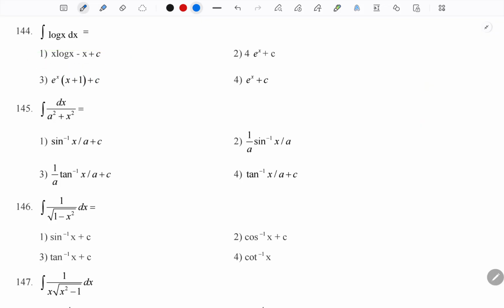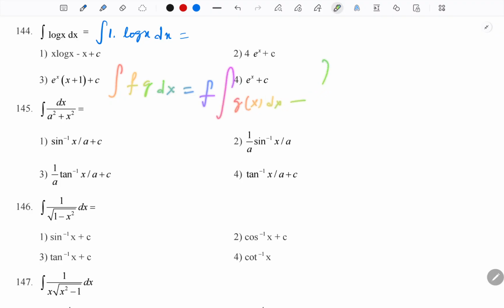We can write it as 1 times log x dx. So what is the basic formula, you know, right? Integral of fg dx equals f times integral of g of x dx minus integral of f dash into integral g of x dx, dx.